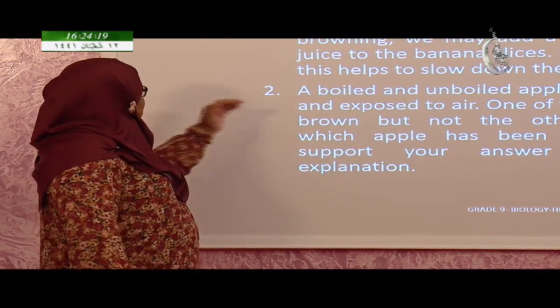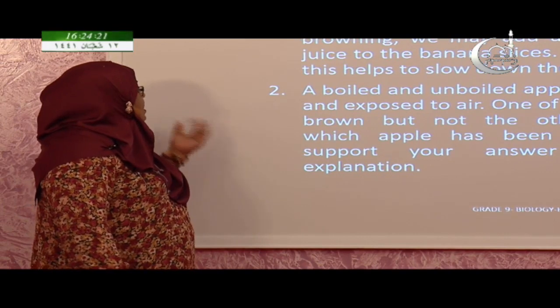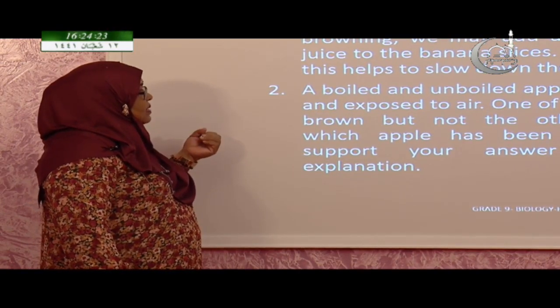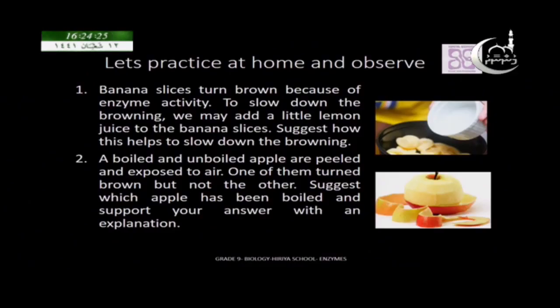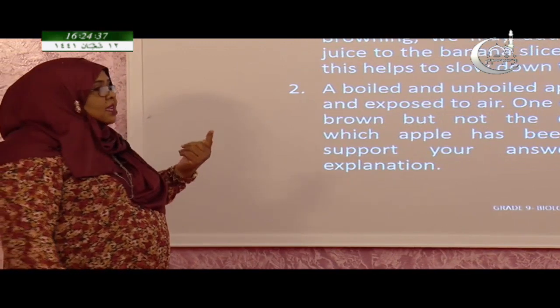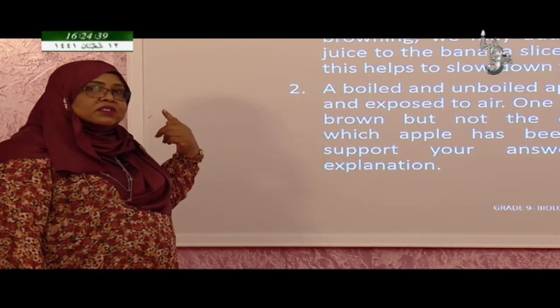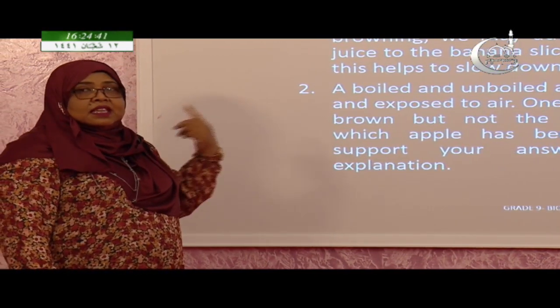The next living example: a boiled and an unboiled apple are peeled and exposed to the air. One of them turned brown, but not the other. Suggest which apple has been boiled and support your answer with an explanation. There are two apples, one boiled and one unboiled. What is the property we are talking about? This is how you start thinking to answer.